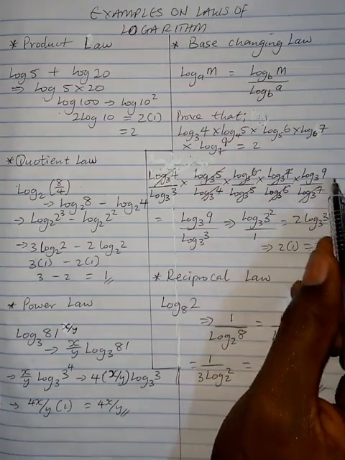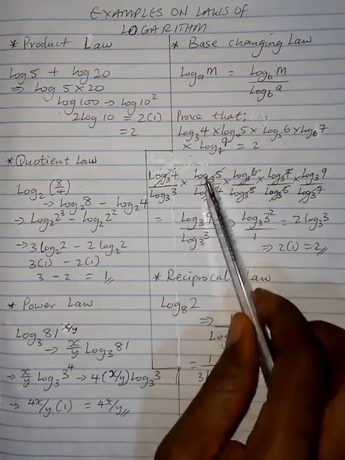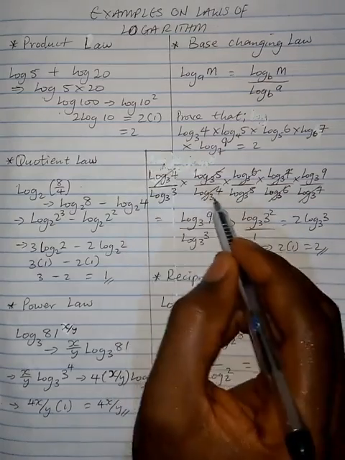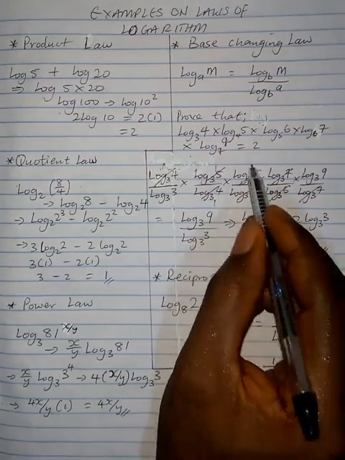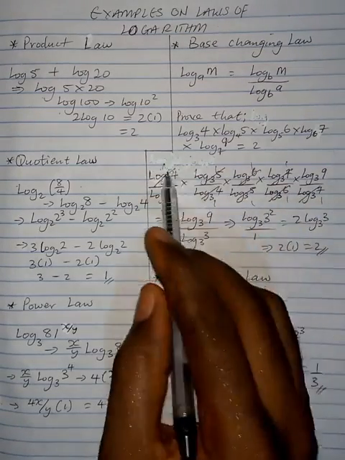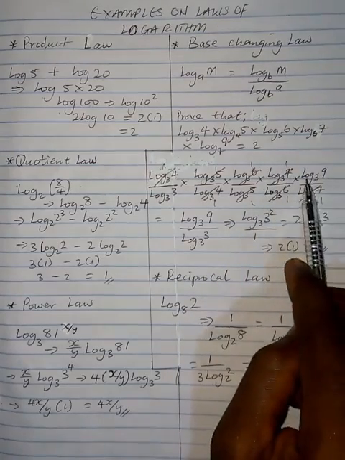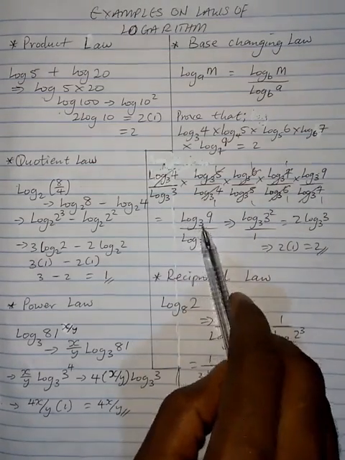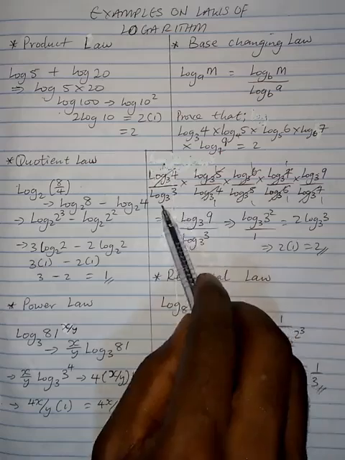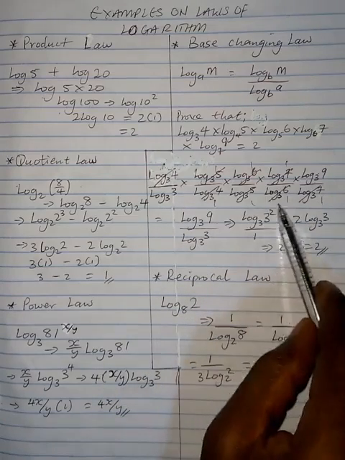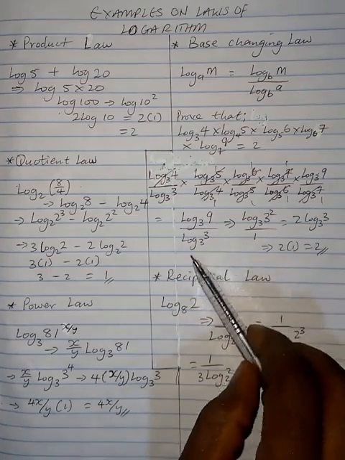Now this one doesn't have anything to cancel, so everything here is 1, 1, 1, 1, 1, 1, 1, 1. So 1 times 1 times 1 times 1 times log 9 base 3 is equal to log 9 base 3, and log 3 base 3 times 1 times 1 times 1 is equal to log 3 base 3.